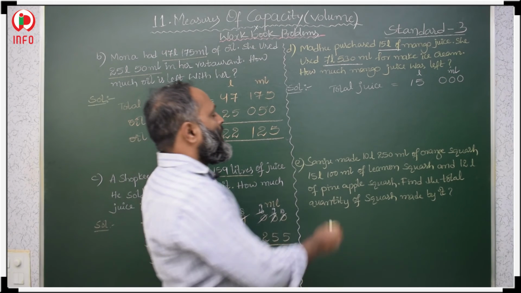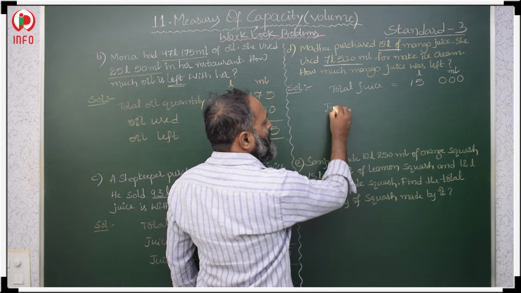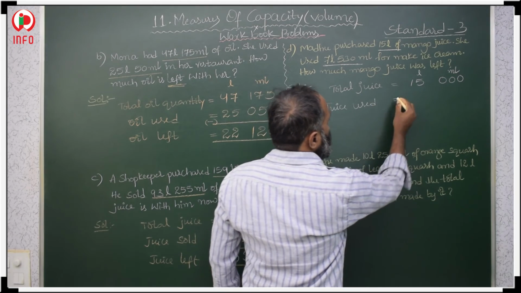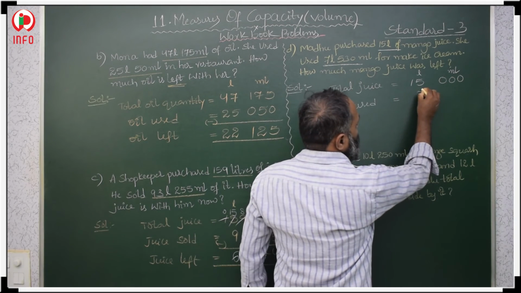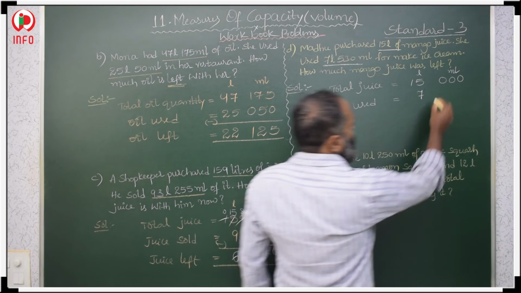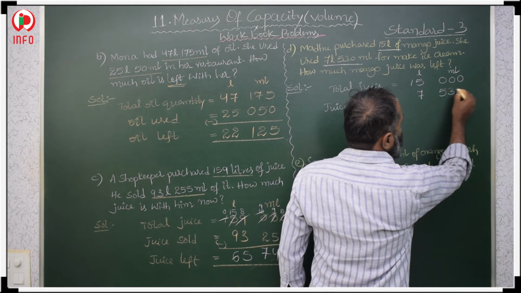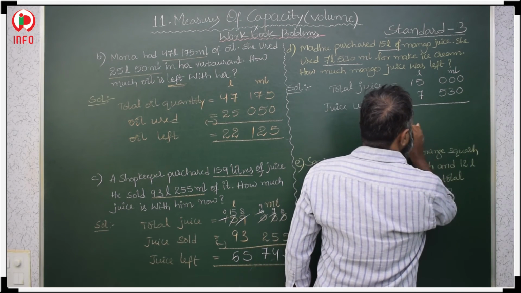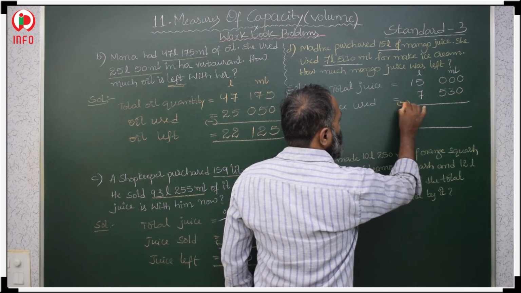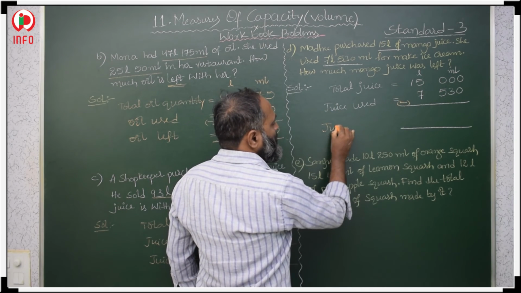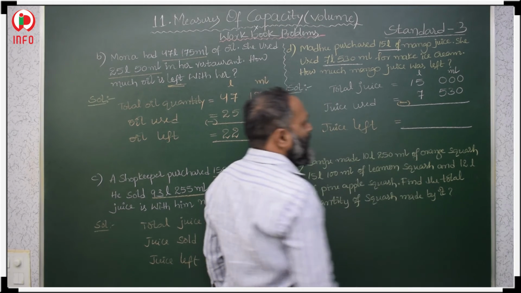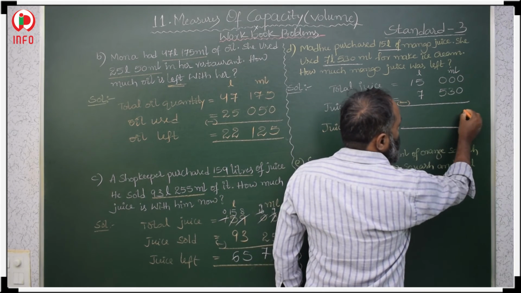Next, juice used. How much she used? 7 liters. 7 we have to write in units place of liters, and 530 milliliters. Then minus, juice left. Now 0 minus 0, 0.